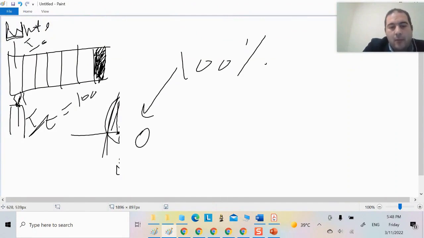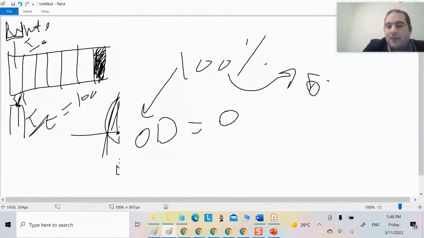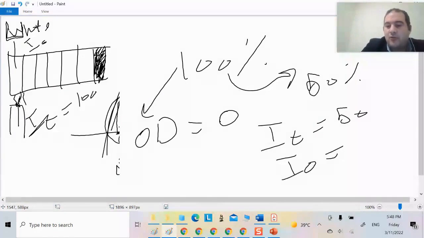If in the case where I have 100% transmittance my optical density was 0, now if I reduce this transmittance by 50%, what does 50% mean? If I0 was 100, what is 50 over I0? It became 0.5, which is 1 over 2.